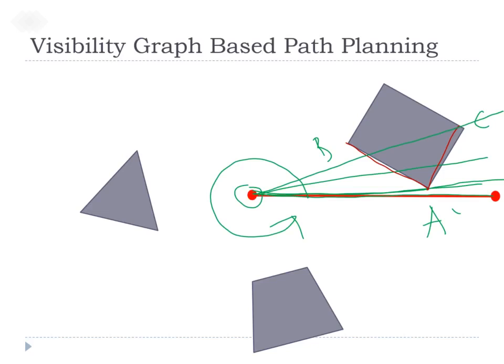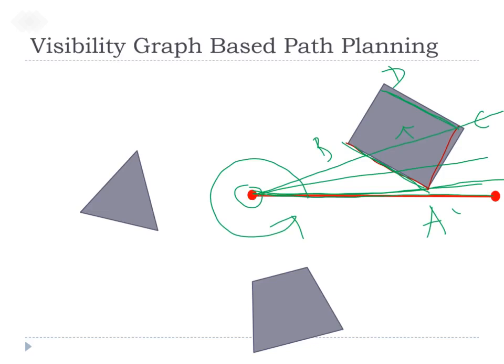Therefore, the active edges which are responsible for having obstruction in the line of sight will be only AB and also CD, as you can see, these two lines, AB and CD. Why? Because if we move further, then CD will start obstructing.